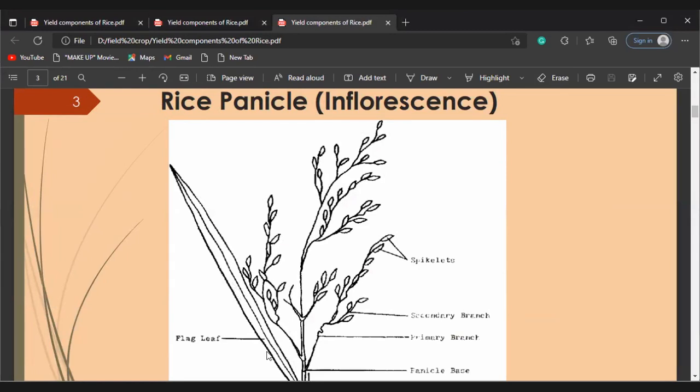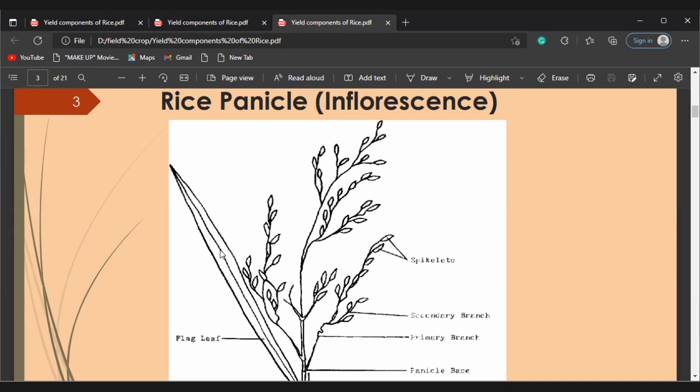The flag leaf means the leaf next to the panicle, the erect one, at a slight angle to the panicle, somewhat straight compared to other leaves. That's the first leaf near the panicle, and the last leaf from the plant. From the bottom of the plant, that's the last leaf. We can identify it by its appearance. It's an erect one.